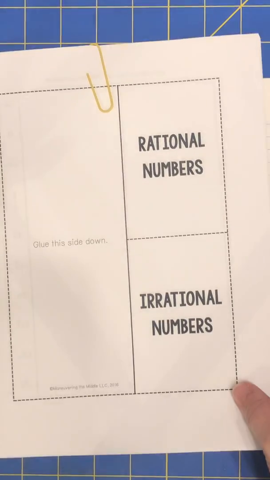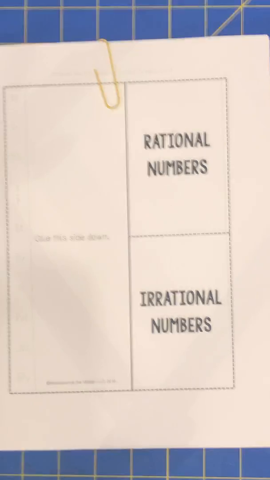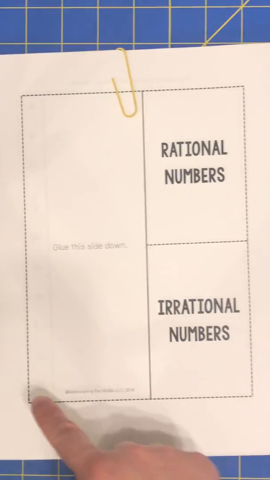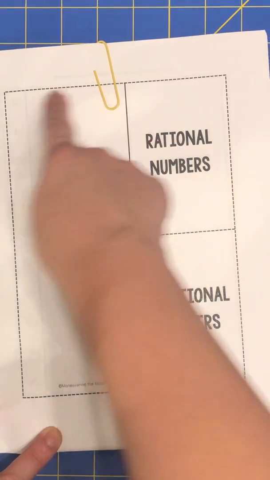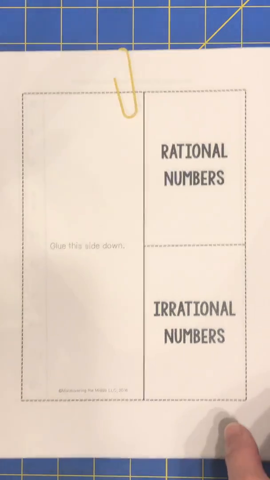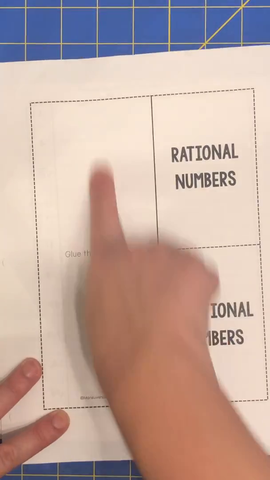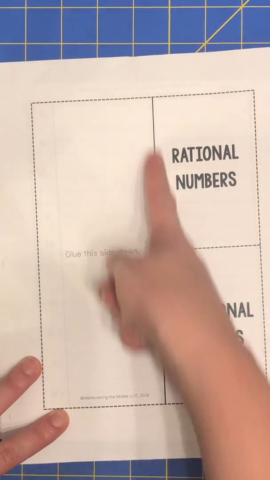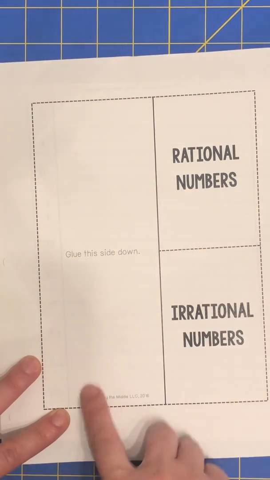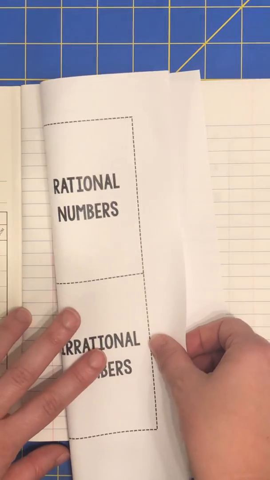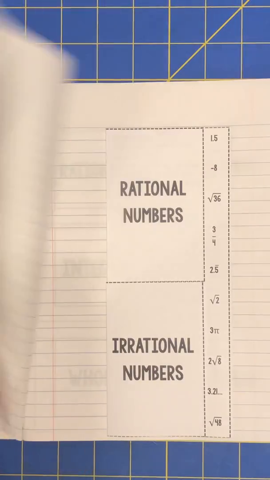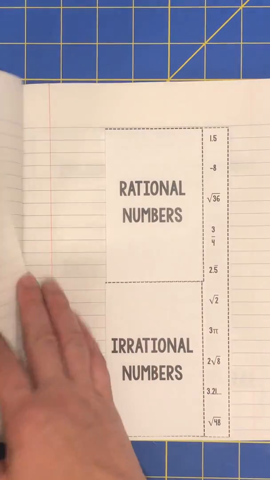So you're going to be getting a sheet that looks like this. It's dual-sided. So what's going to happen is you're going to cut around the dotted lines, and then when you do that, just like it says, put glue here. You're going to fold on this line, cut here. You're going to put glue down on this side, and then when you fold it over and glue it down, this is what it will look like.